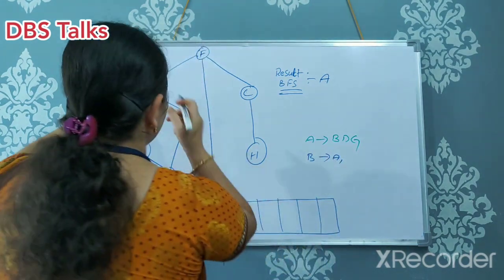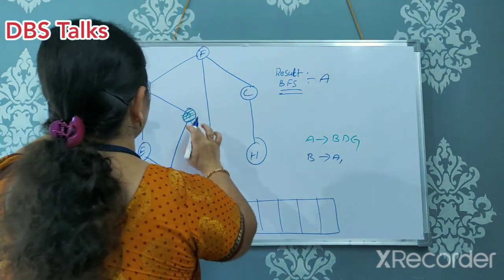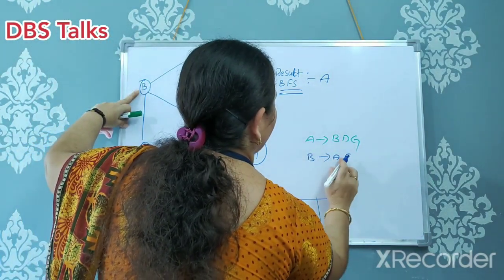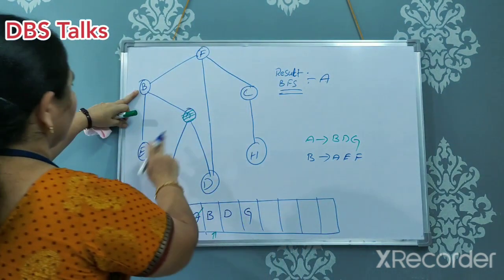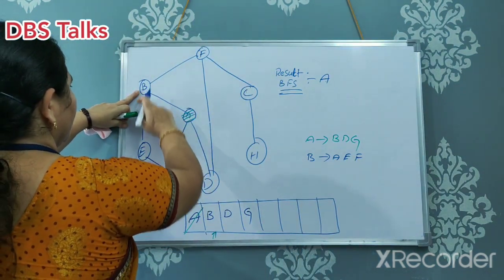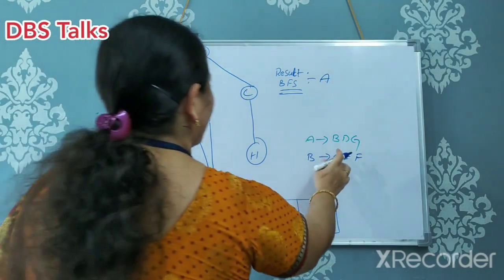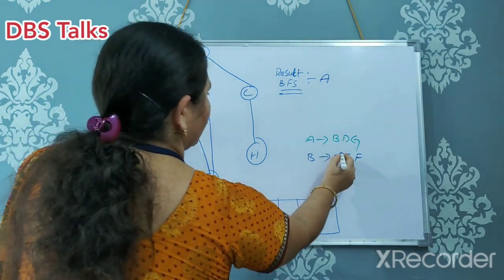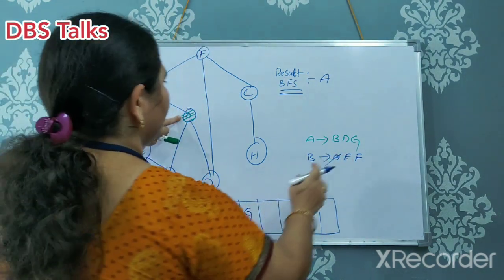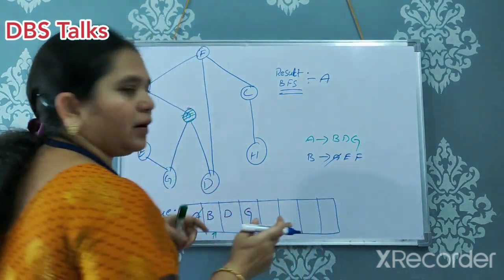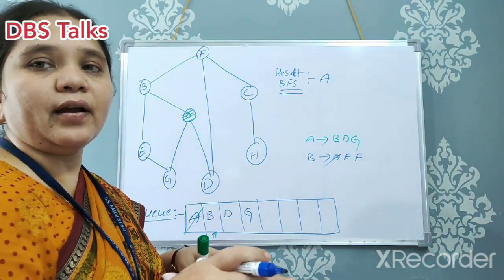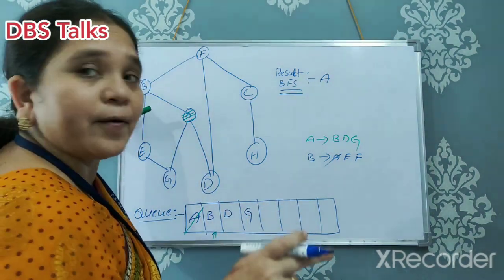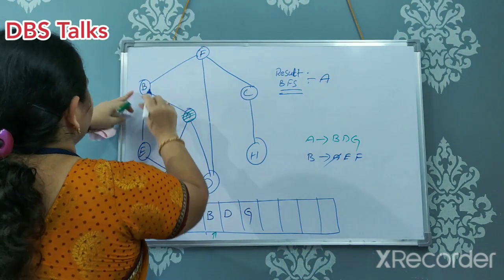A, E, F. A is already visited, so no need to consider it and it is struck out. E and F are the unvisited adjacent vertices of B. So B is visited.